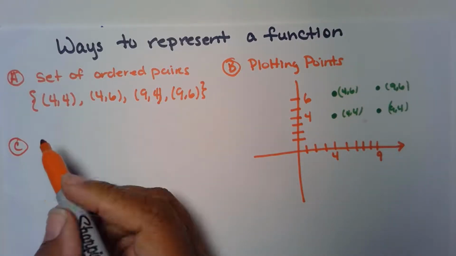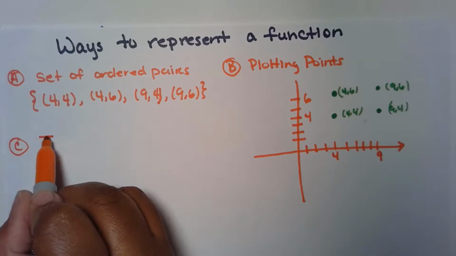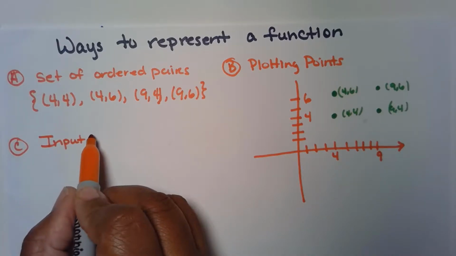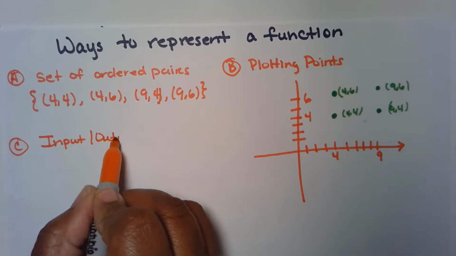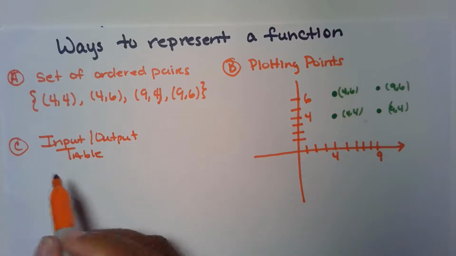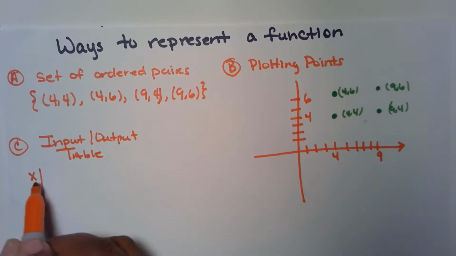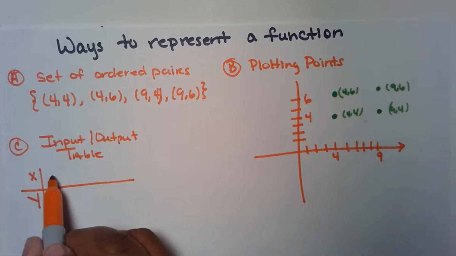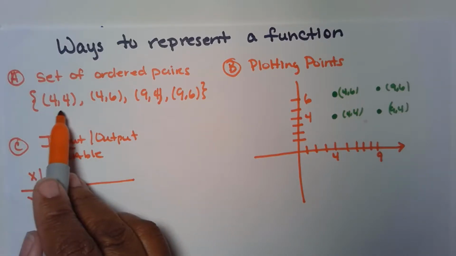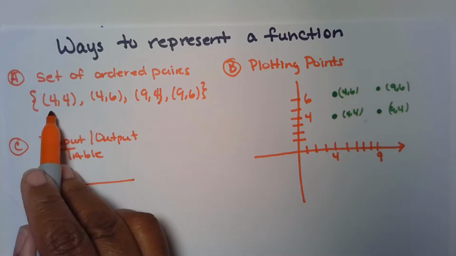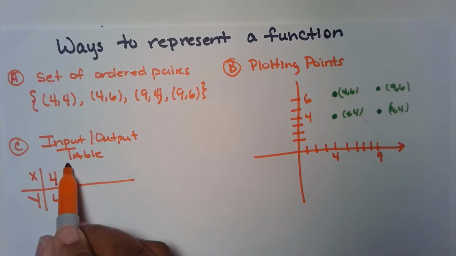Another way, we can create an input-output table. So our first ordered pair, we have (4, 4). If we input the x coordinate of 4, then the y is going to be 4.